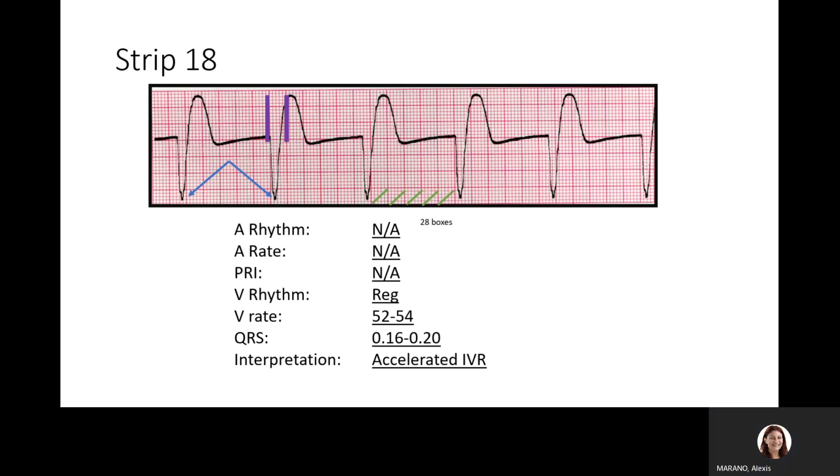QRS here, note those purple marks where you're measuring, it's wide. So I have a QRS between 0.16 and 0.20. So the interpretation here is accelerated IVR. Remember, IVR has an intrinsic rate of 20 to 40. So from 40 to 100, we use the term accelerated.